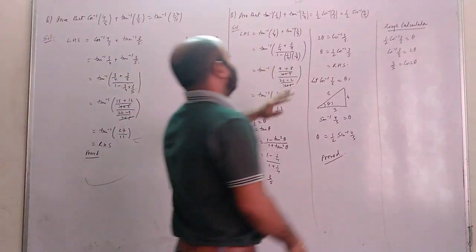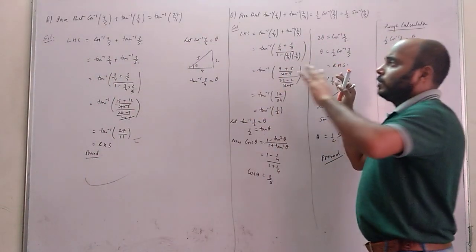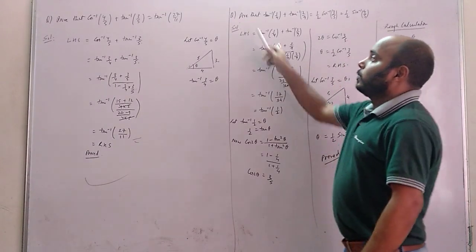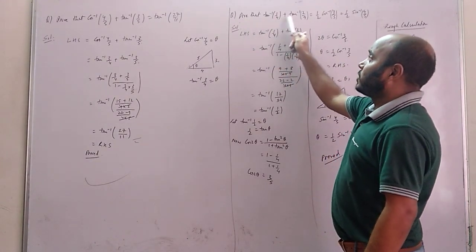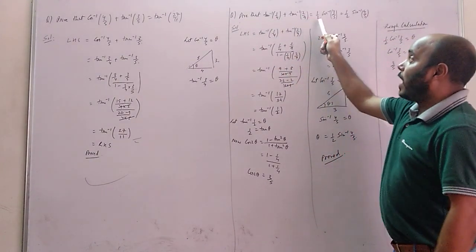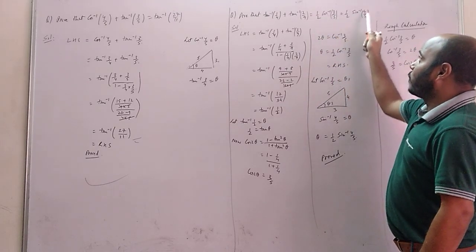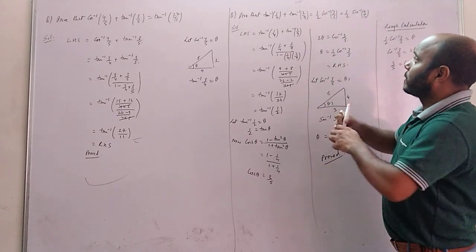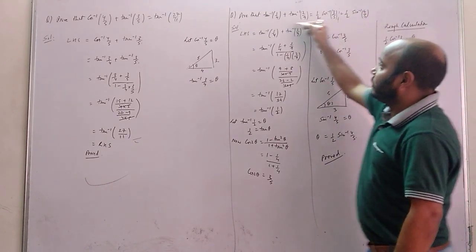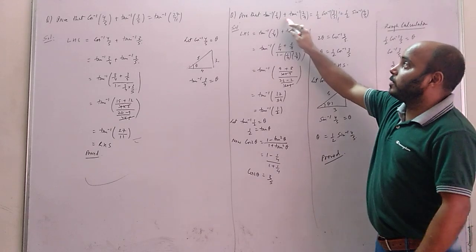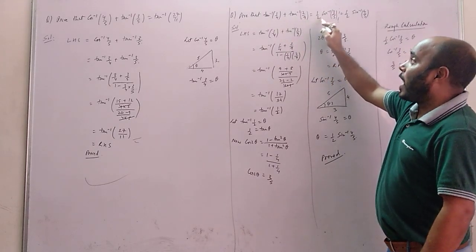Now, check this sum. Both the sums are together on the board because I want to show you something. Prove that tan inverse 1 by 4 plus tan inverse 2 by 9 equals half cos inverse 3 by 5 equals half sin inverse 4 by 5. Forget about the last part, just see this much for now. We need to prove tan inverse something plus tan inverse something equals half cos inverse something.